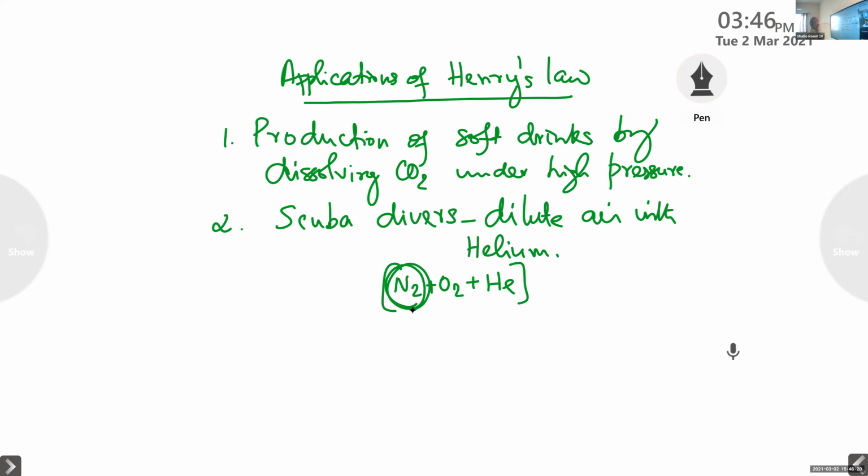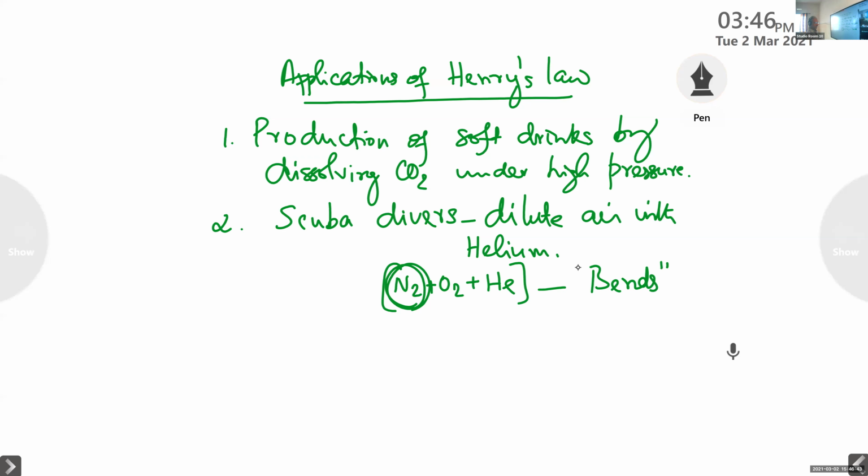The dissolved nitrogen will be forming gas bubbles in our veins. Production of gas bubbles creates severe pain, and the problem is known as bends.